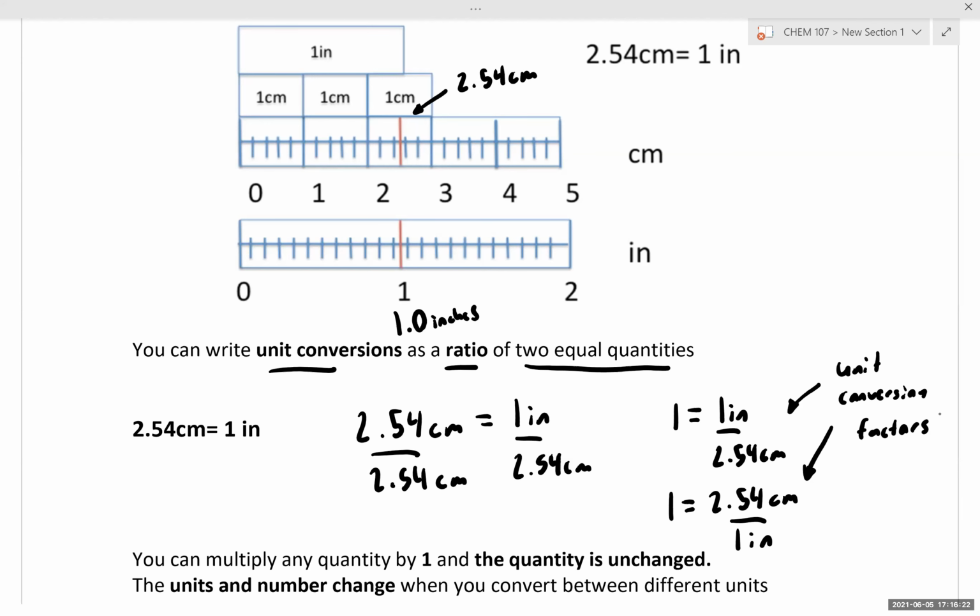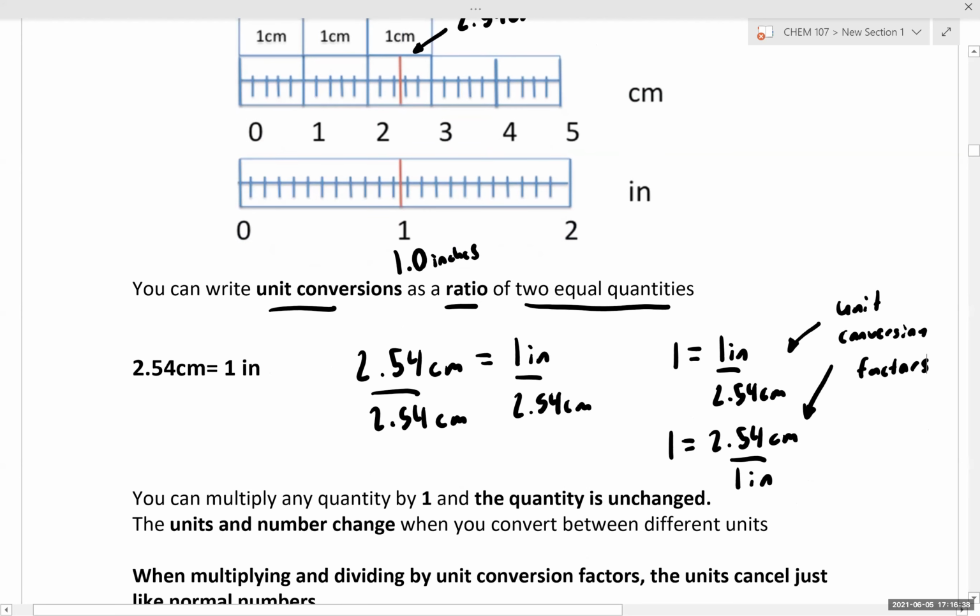Okay, so we've established two different numbers and units can be used to describe the same quantity, right? 2.54 centimeters are equal to 1 inch. We can create a unit conversion ratio by taking a ratio of two equal quantities. So we have 1 inch over 2.54 centimeters, or 2.54 centimeters per every 1 inch.